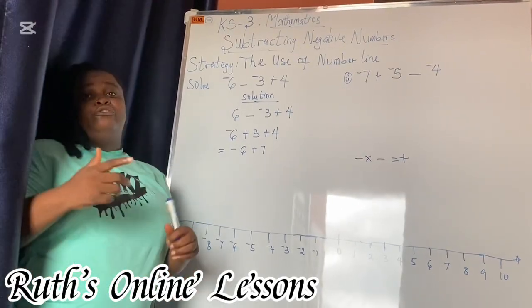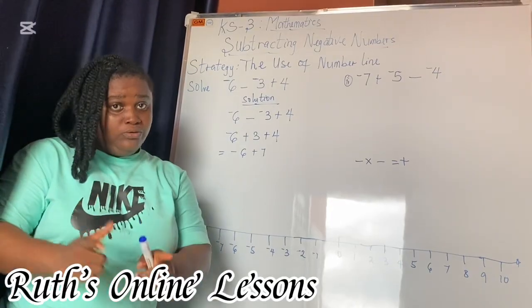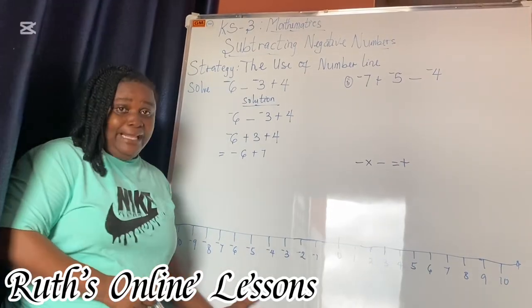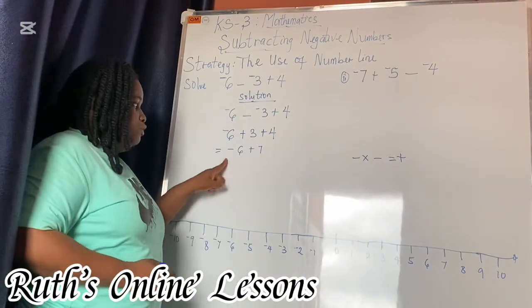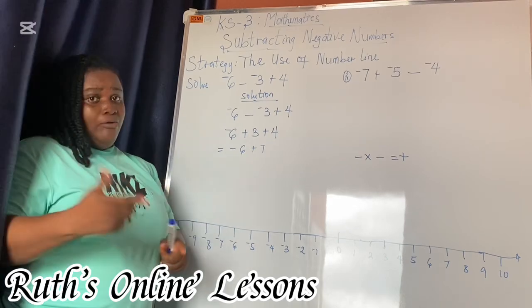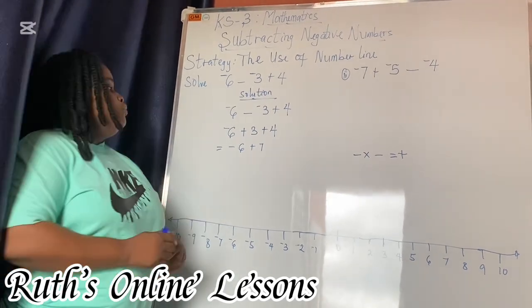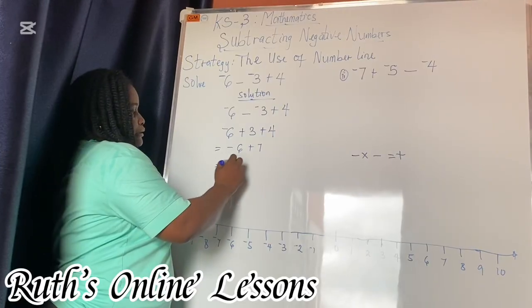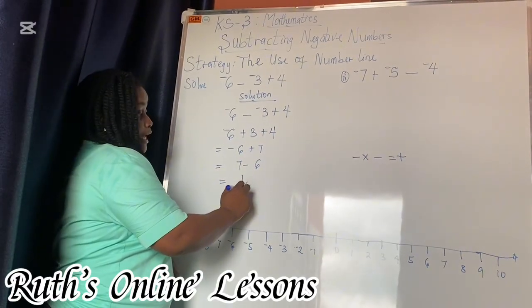Now, for the students who will watch this who are in Key Stage 2, I'm going to use the number line here to show how to work out numbers like this. But without it, I already know that -6 plus 7, which is the same thing as saying 7 minus 6, is 1.